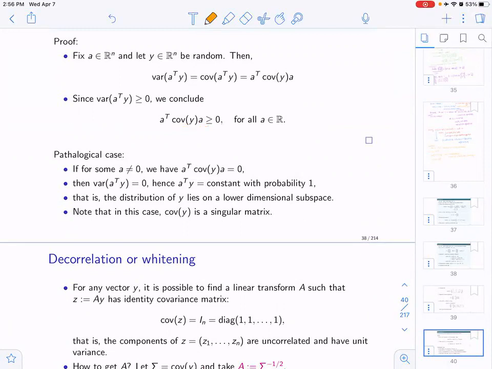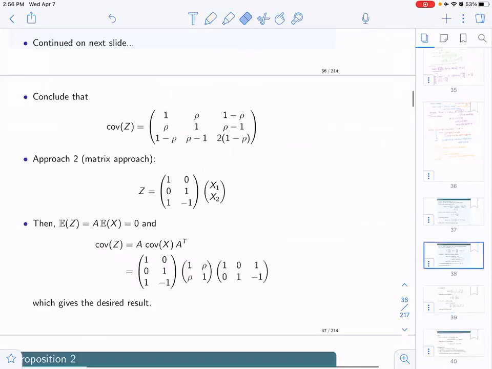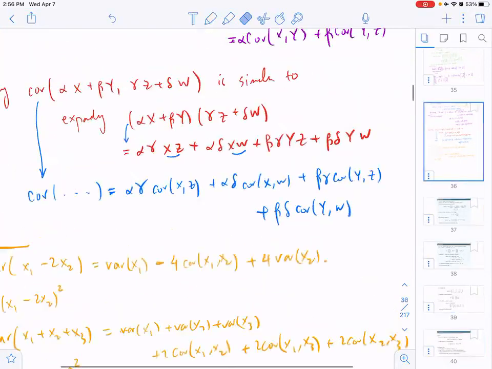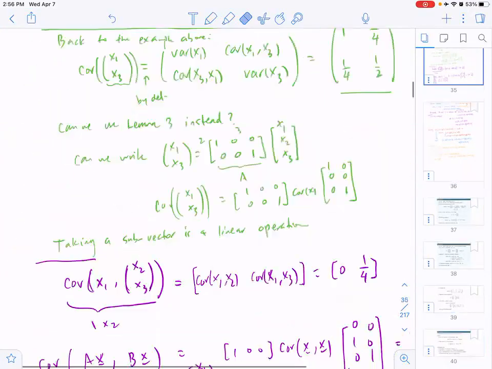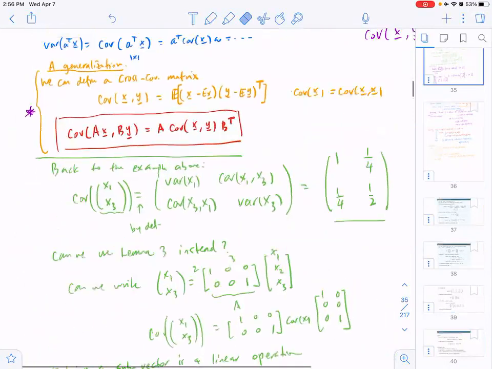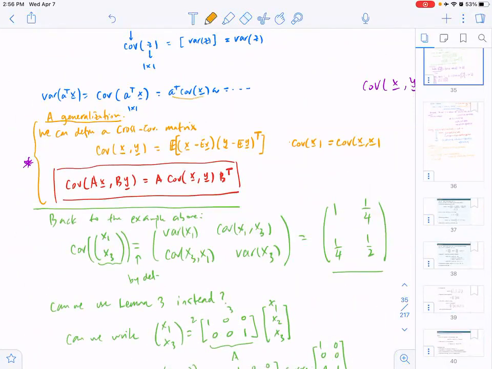So a matrix B would be positive semi-definite if a transpose B a is non-negative. And we just showed that this quantity, a transpose covariance of X a, is just the variance of this linear combination.